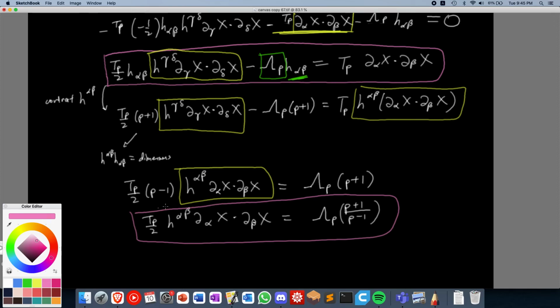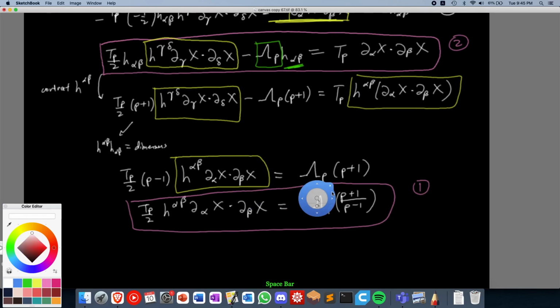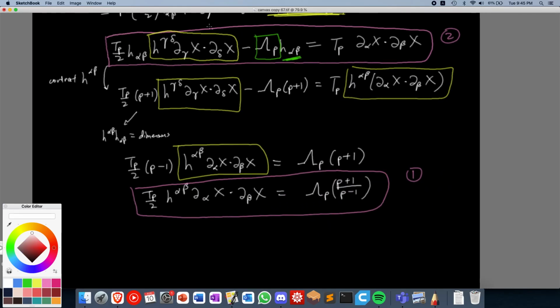We substitute 1 into 2, and now we have gotten rid of this thing, so that is great. Let me just box this up for more clarity. So H alpha beta lambda (p plus 1) over (p minus 1) minus lambda p H alpha beta equals Tp.